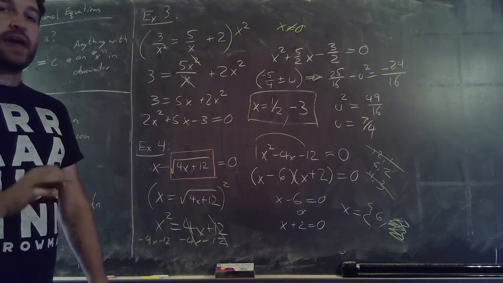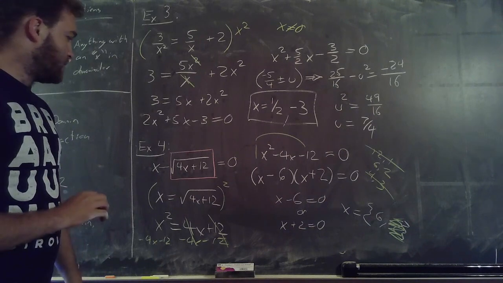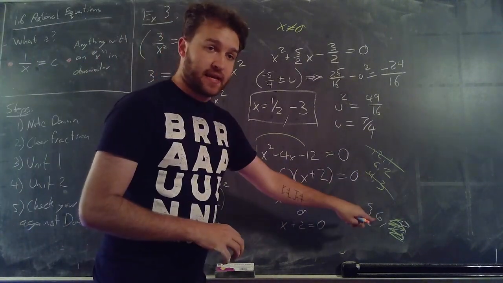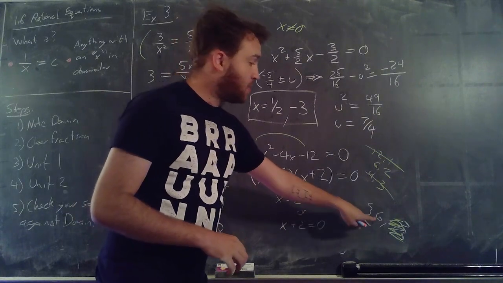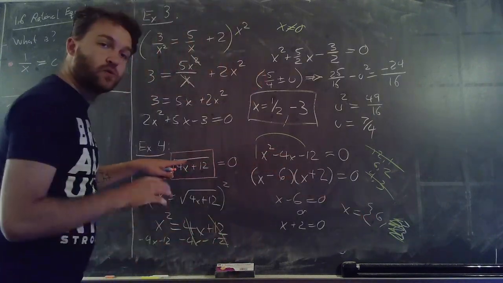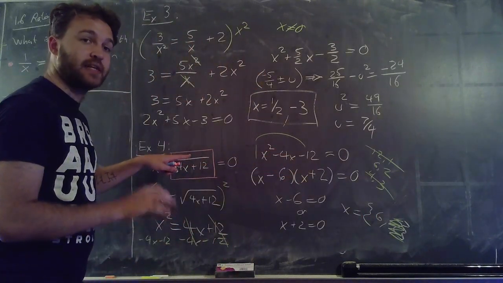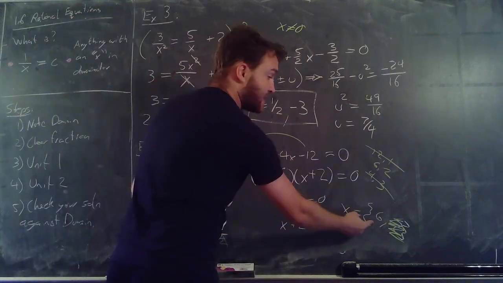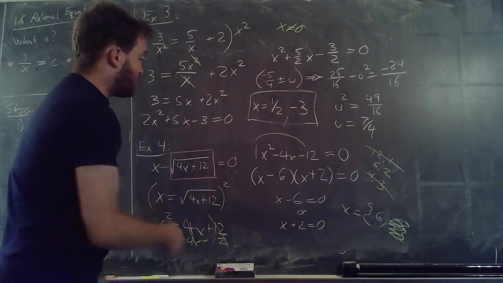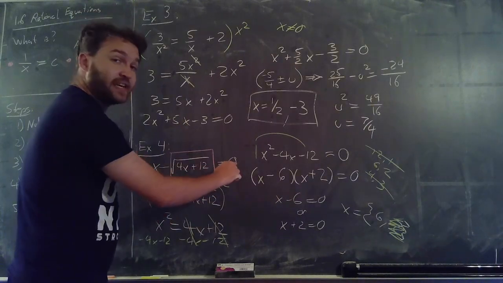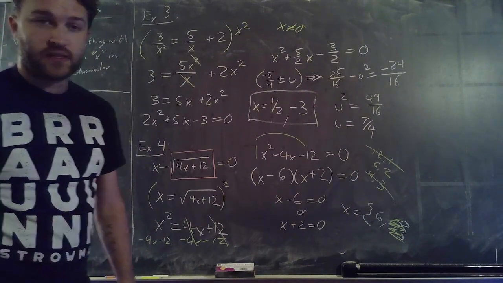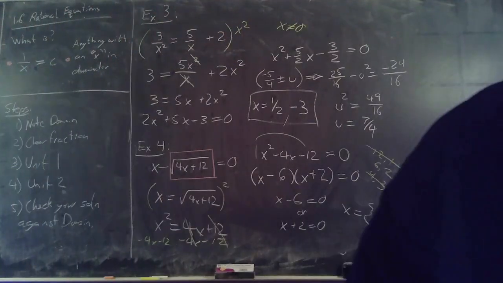But until we have time to cover that, I would suggest that you follow the steps, get the answers that come out, and then plug both of them back into the original expression to make sure that it says something true. It's supposed to equal 0, so when I plug 6 in, I do get 0. But when I plug negative 2 in, I don't get 0, so I know that negative 2 is not one of my answers. If you can do those things, you've got section 1.6.